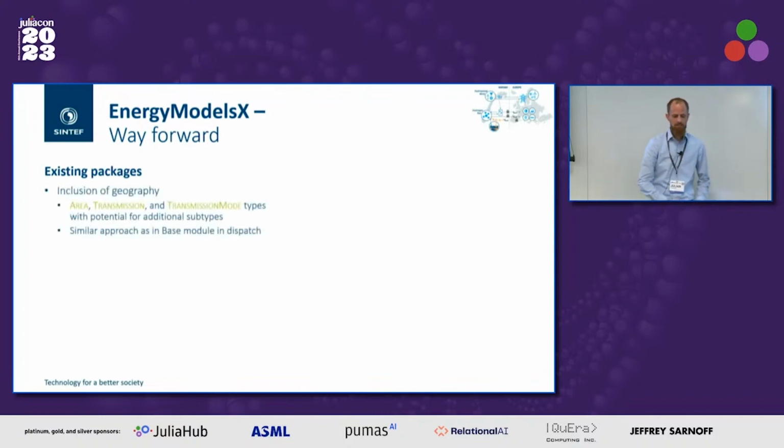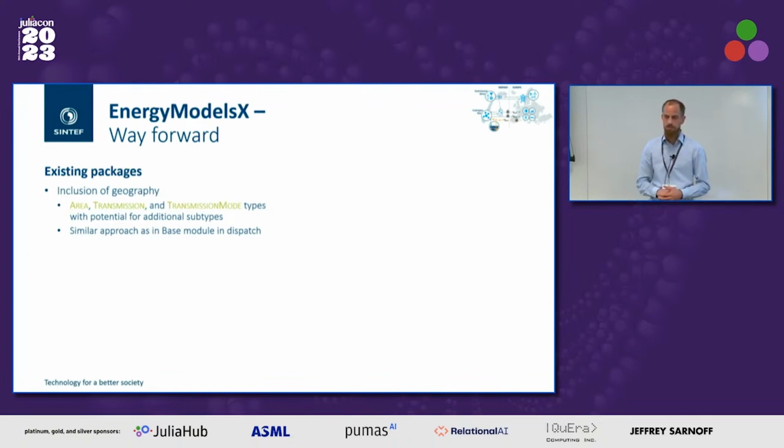And we have geography, which I have not talked about at all, but we also have a geography package which allows for different areas, transmission corridors between set areas and transmission modes. So specifically, you can limit what is allowed in between. Contrary to what is done in quite a lot of models, you don't have to look into the cost per kilometer, but you have the specified cost, differentiate onshore, offshore, all these things easily doable.